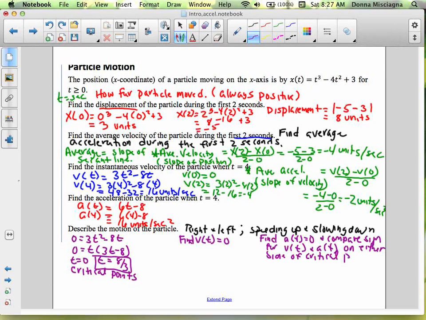I think I'm going to have to extend the page. I don't see me fitting everything in that little bit of space. All right, so let's find when a of t equals 0. Maybe I should have made this a different color. Oh, it's all one. Let's make that blue just so it stands out.